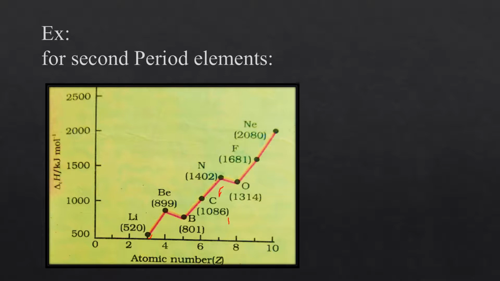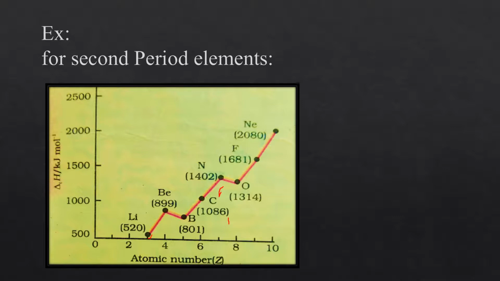Now as we come from nitrogen to oxygen, there is a slight decrease in the ionization enthalpy of oxygen, but it should be greater than nitrogen, yet here is a decrease in the ionization enthalpy of oxygen. Now what's the reason behind this?